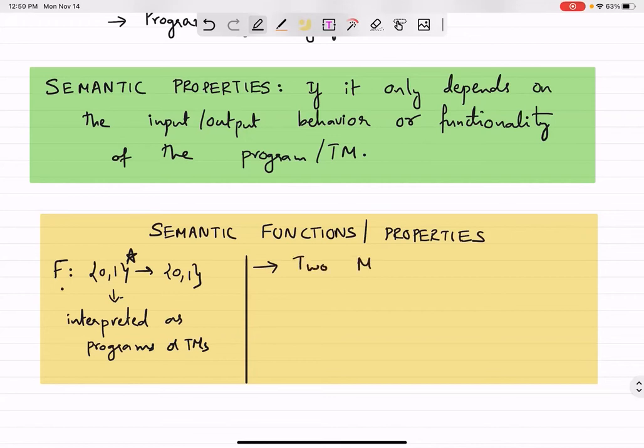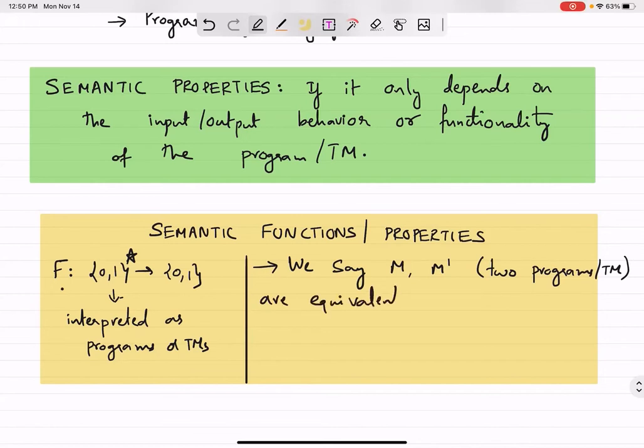First, we say two programs, m comma m prime, two Turing machines, are equivalent if for all x, m of x equals m prime of x. Okay, so two programs are equivalent. It's a natural definition. If the input output behavior is exactly the same on all inputs, for every x, whatever m is doing, the output is exactly the same as what m prime did.